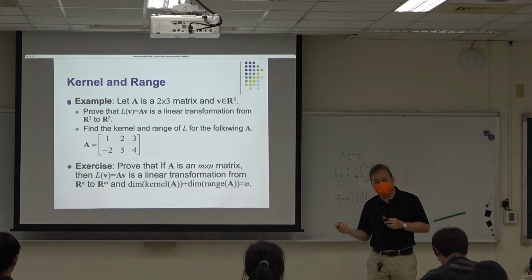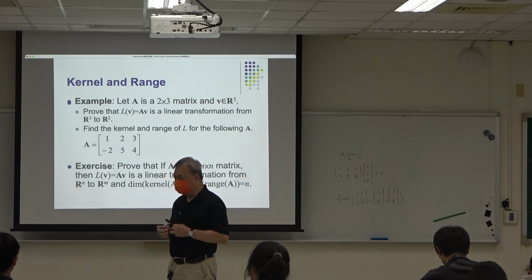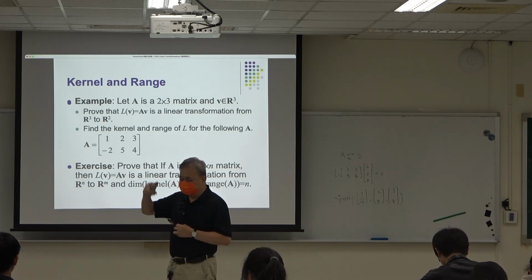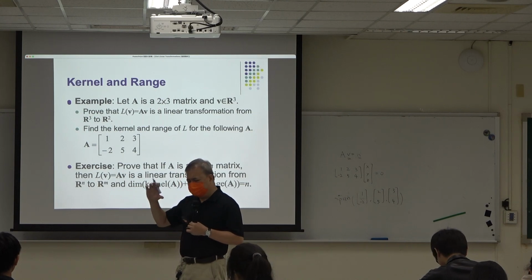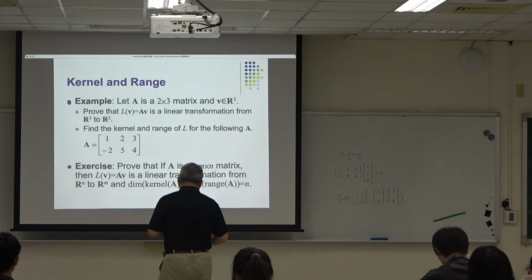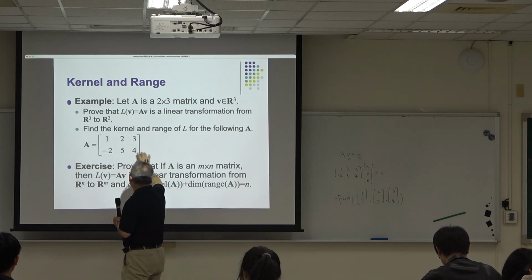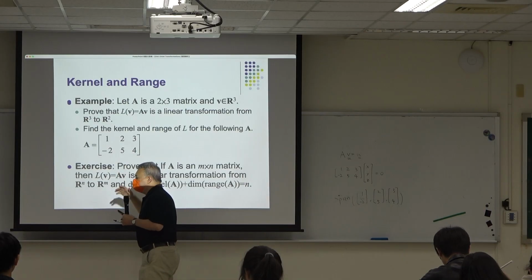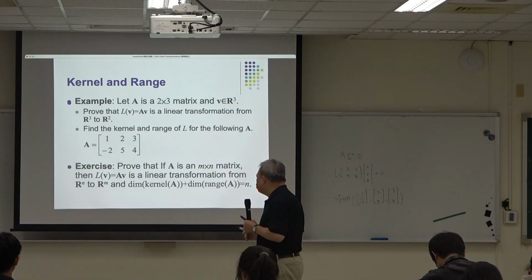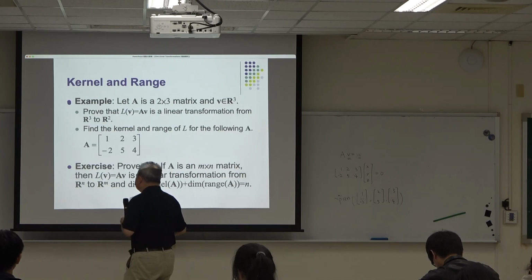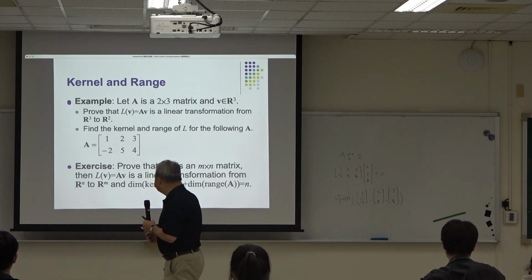If there's a linear combination, we can get such a vector, and there exists an x, y, z that forms that vector. So basically, the kernel is the null space of A, and the range is the space spanned by the column vectors of matrix A.